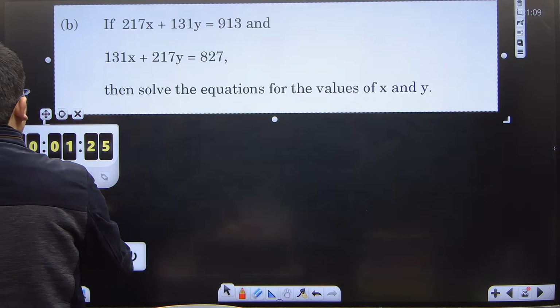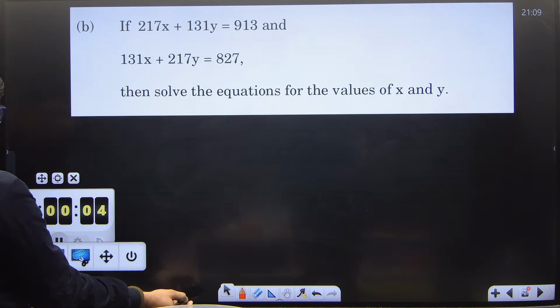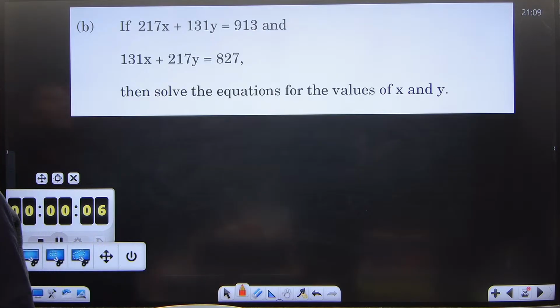Solve this. The time will be given as 3 minutes. 217x plus 131y is equal to 913 and 131x plus 217y is equal to 827.